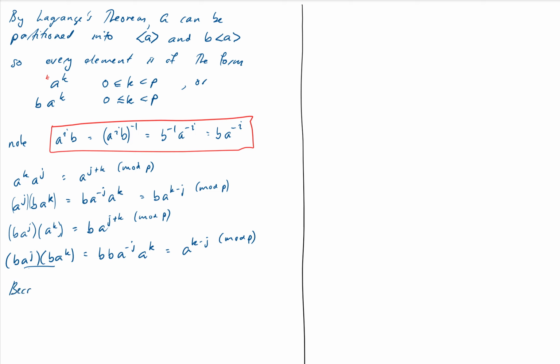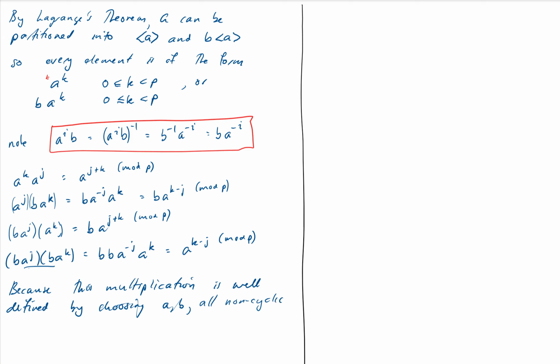Because this multiplication table is well defined, well, it's not really a table, but you could build a table by going through all the possibilities, and uniquely I should add, by choosing A and B, this says that all non-cyclic groups of order 2p are isomorphic.